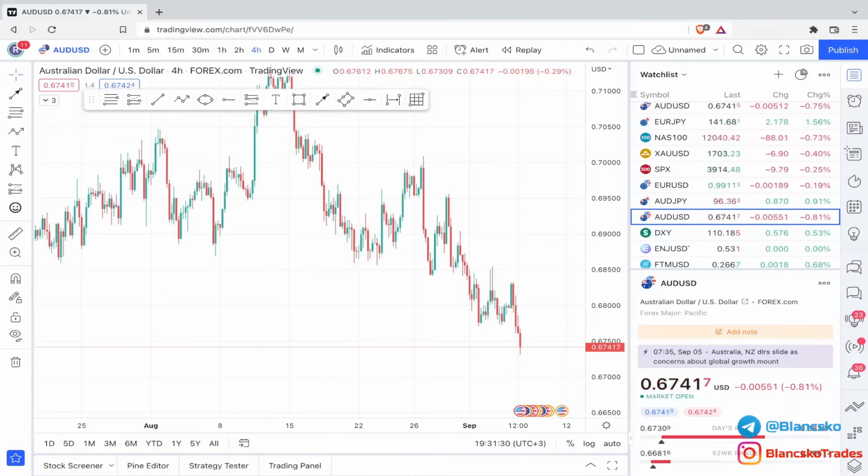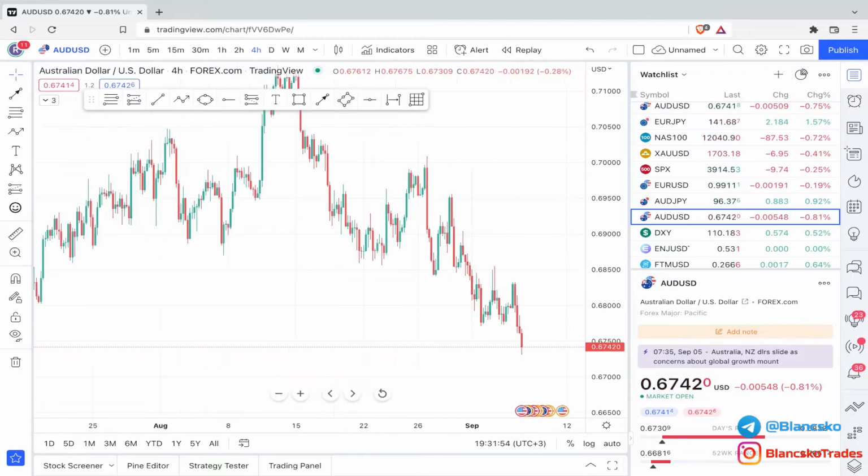Because ultimately, if you don't know how to read market structure, it's literally like driving a car without knowing how the steering wheel really works. It's something close to that. So it's very crucial for you to understand market structure and to know how to read it. In this video, this is exactly what I'm going to explain as clearly as possible.